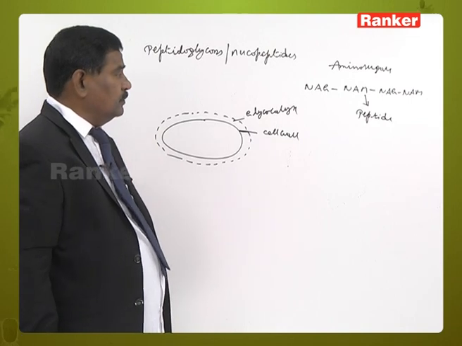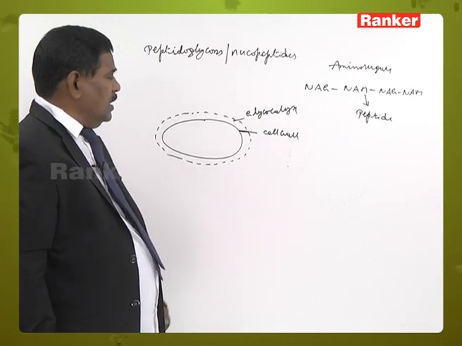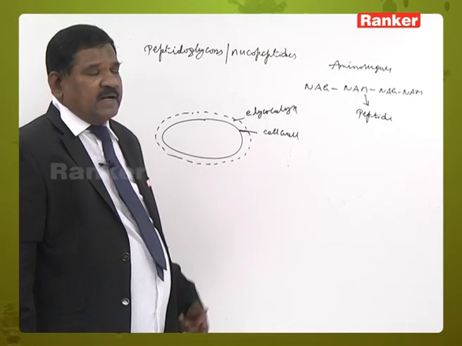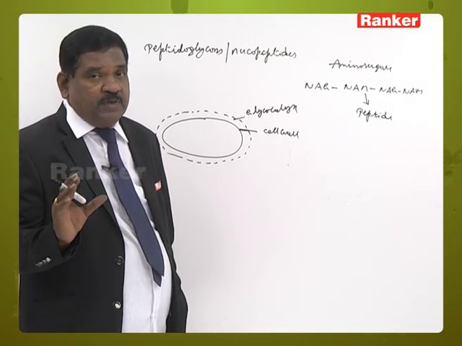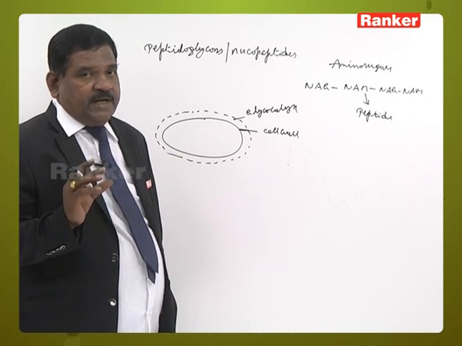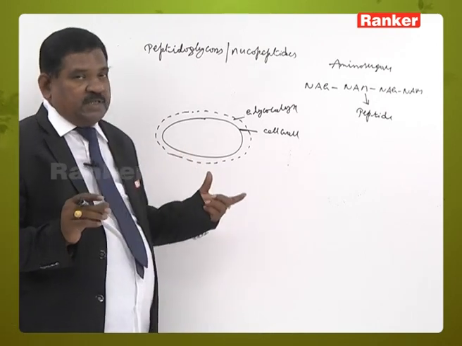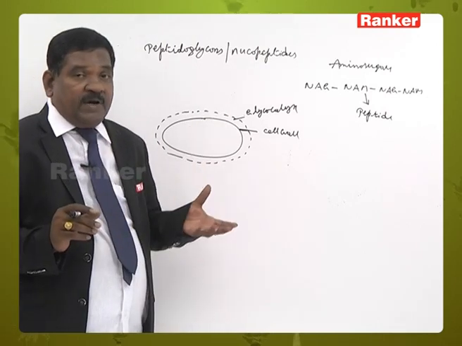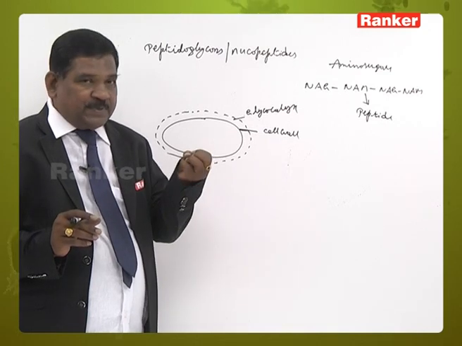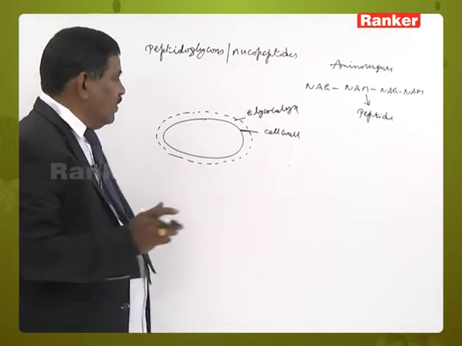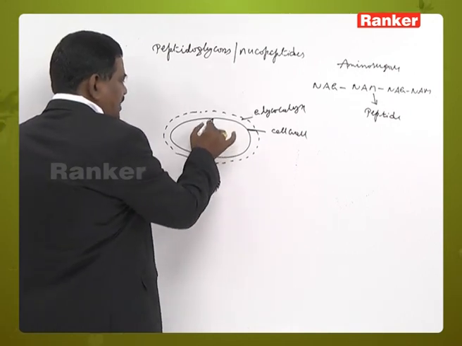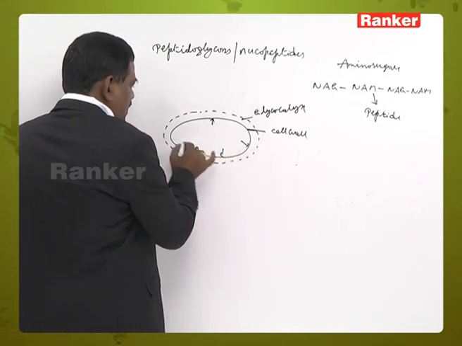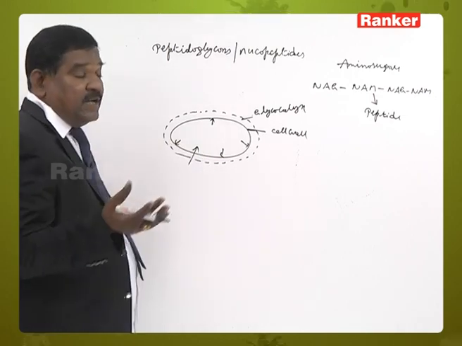Now, the function of the bacterial cell wall: it maintains a particular shape of the cell. It protects the bacterium from collapse and burst. When water enters the cell, it causes pressure on the cell wall, so the cell swells and finally may burst.